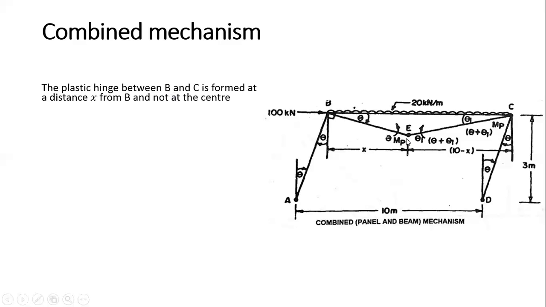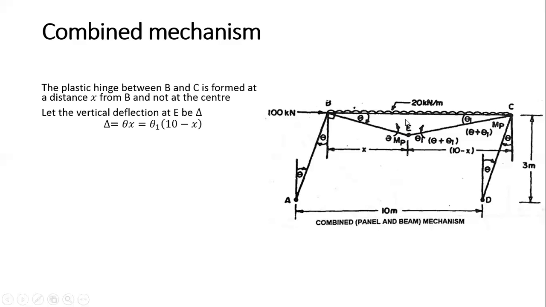We have to first write the equation for bending moment in this portion. And then equate dM by dx equal to 0 to find out the value of x, and then finally we have to calculate the value of the moment here. Let the vertical deflection at E be delta. Suppose that we have deflection here as delta. Now equate the two.